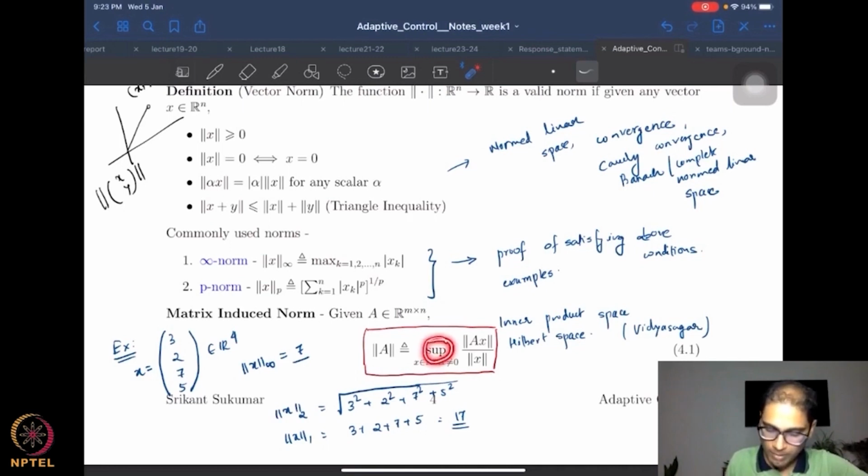It's the supremum, which is a generalization of the maximum, taken over all x in Rn, so over all possible vectors. The numerator is the norm of Ax and the denominator is the norm of x. So it's measuring the magnification due to the matrix A of all possible vectors in the vector space.